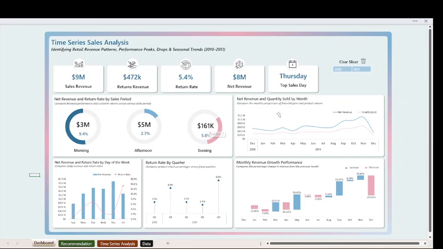$161,000. The next is the revenue and quantity sold by month, and there is no abnormality here, because as revenue was increasing, it also reflected in the quantity of products sold by the month. For this data set, it was only December for 2010, and then the remaining 12 months for 2011.